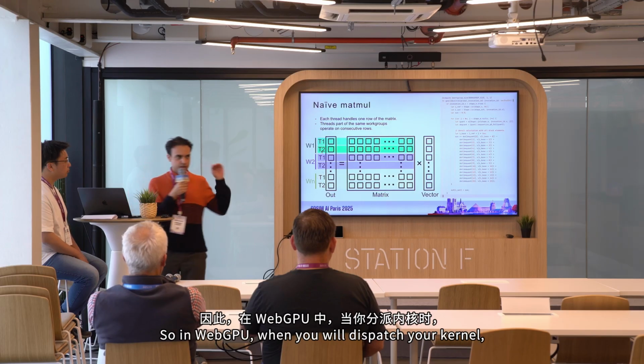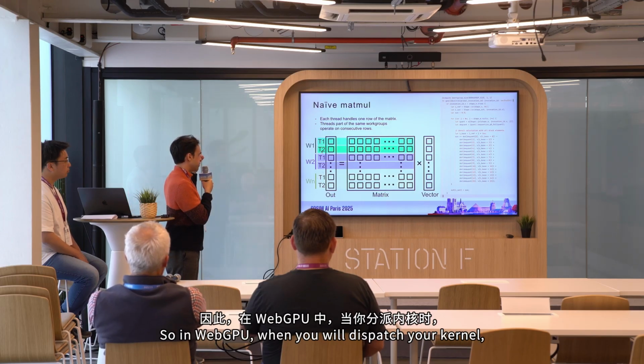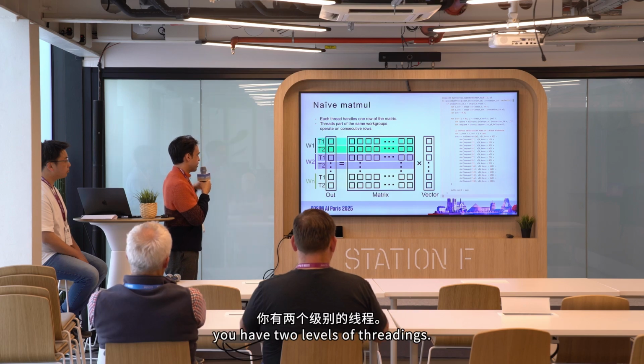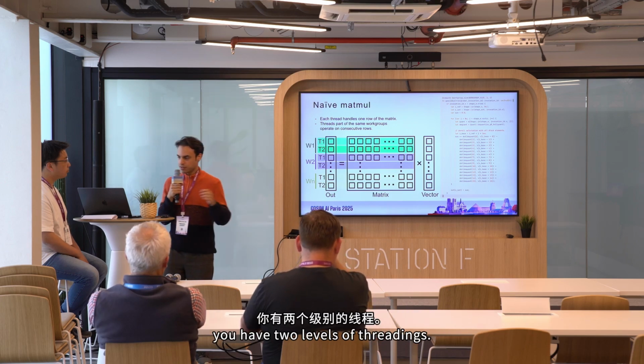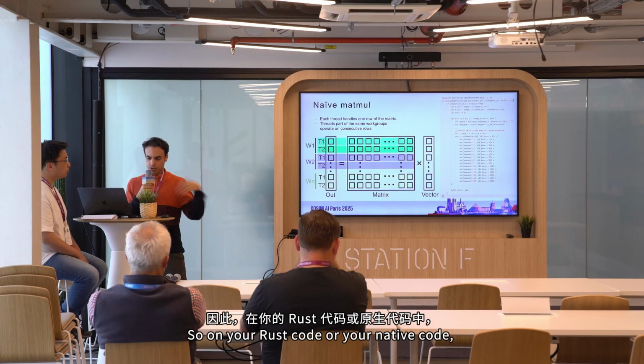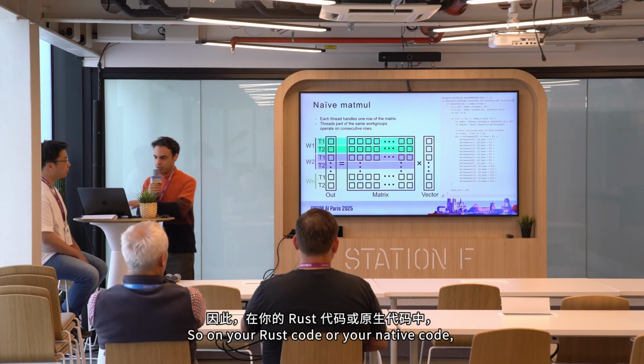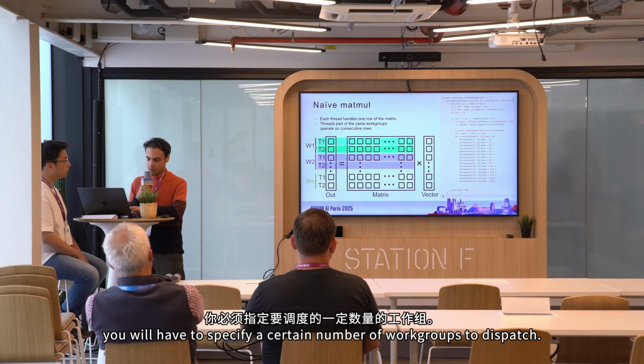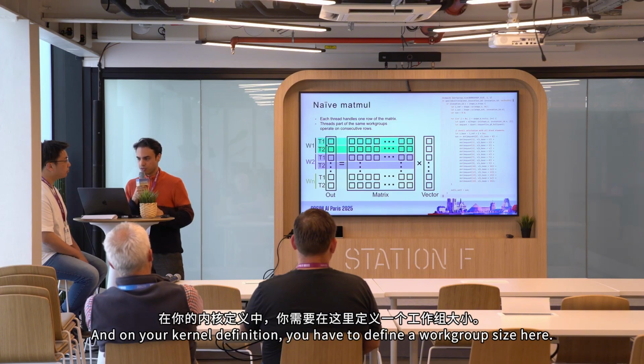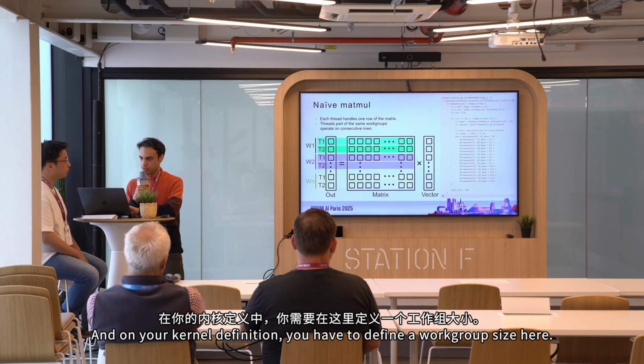On the left here, it might look a bit weird. In WebGPU, when you dispatch your kernel, you have two levels of threading. In your Rust code or your native code, you specify a certain number of workgroups to dispatch. And in your kernel definition, you define a workgroup size.